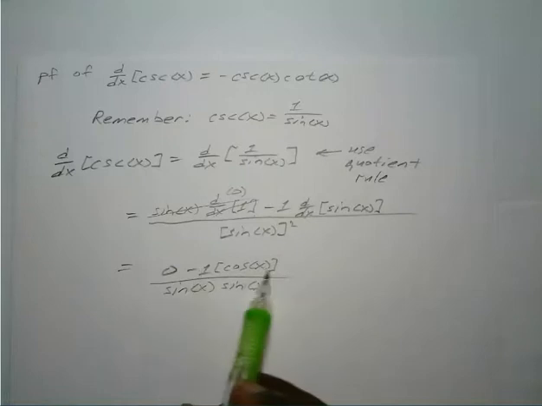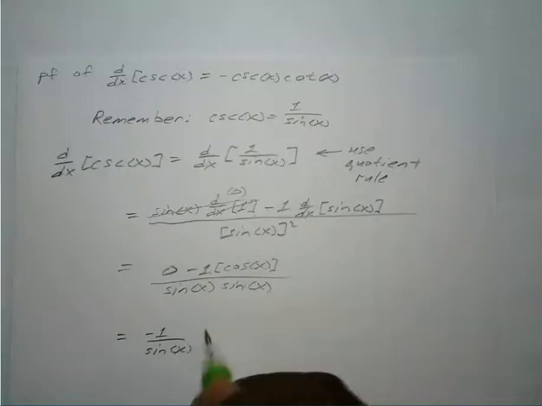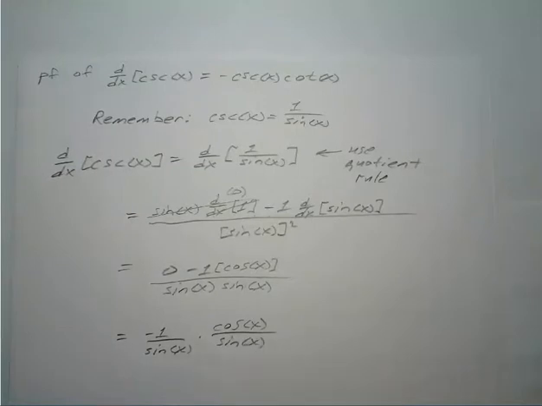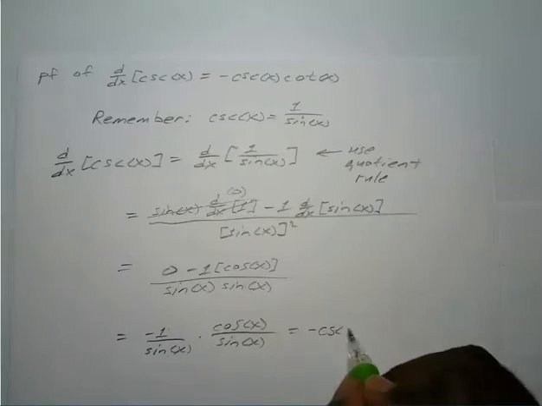Okay, so if we separate this, that could be negative 1 over sine of x times cosine x over sine of x. Okay, negative 1 over sine, well, we already know that's cosecant, or negative cosecant in this case.